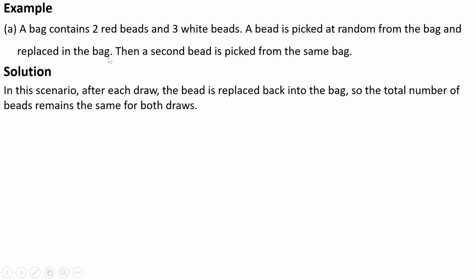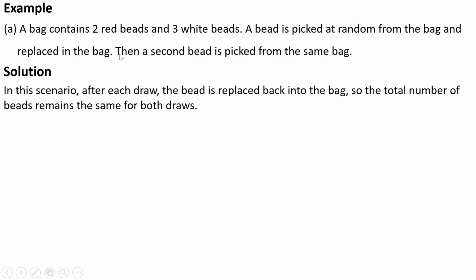That means you have in the same bag 2 red beads and 3 white beads. The total number of beads in the bag is 5. When you pick a bead and replace it, the total number of beads, the number of red beads and the number of white beads remain the same.